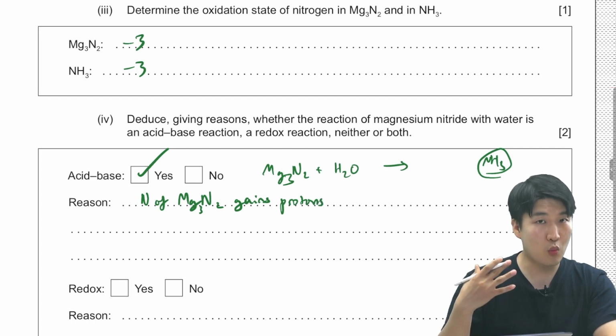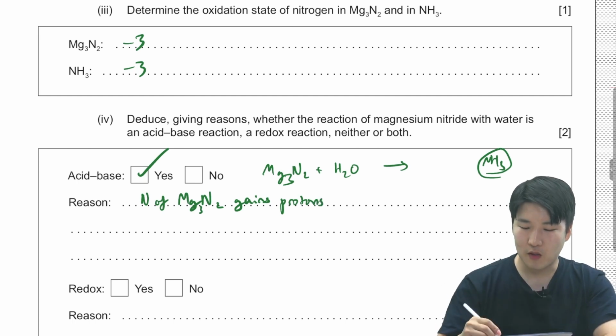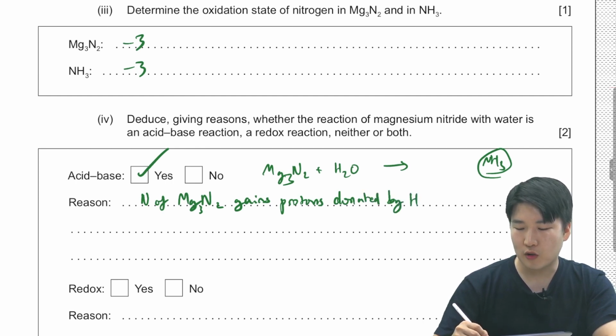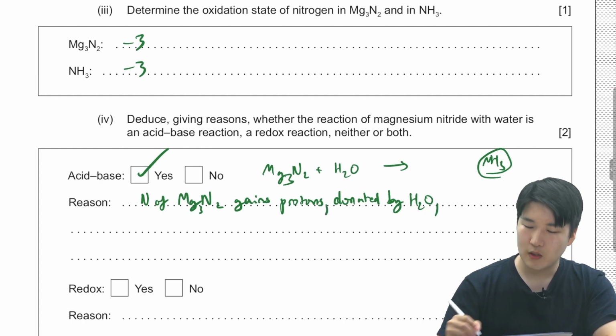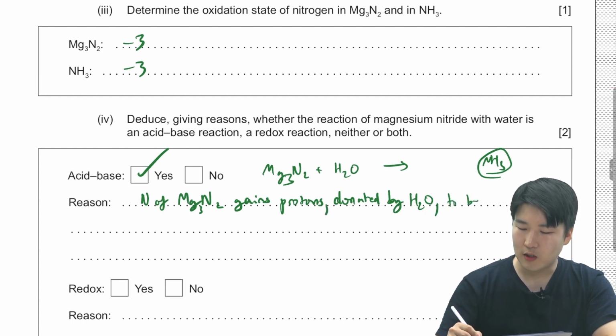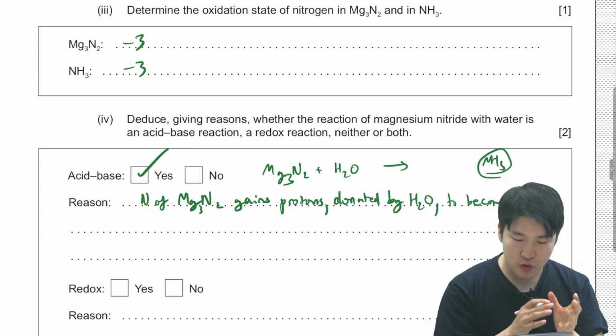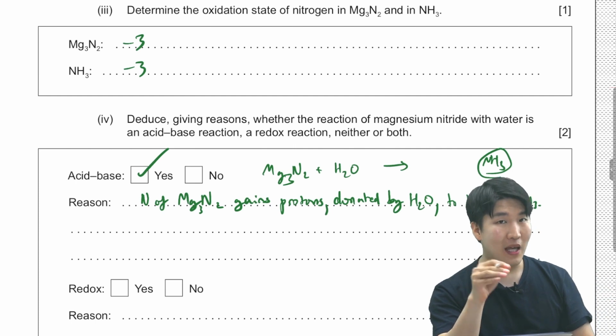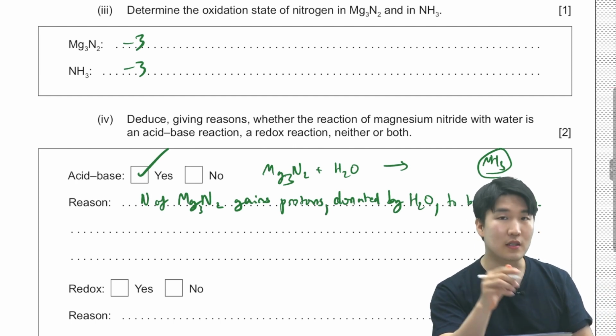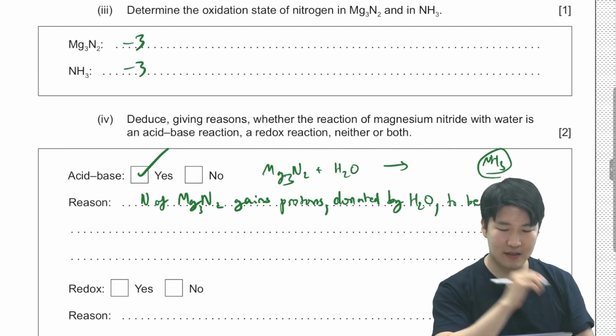And where are these protons given from? They are donated by H2O to become NH3. In this one sentence, we have shown how nitrogen is the Bronsted-Lowry base, while H2O is the Bronsted-Lowry acid.